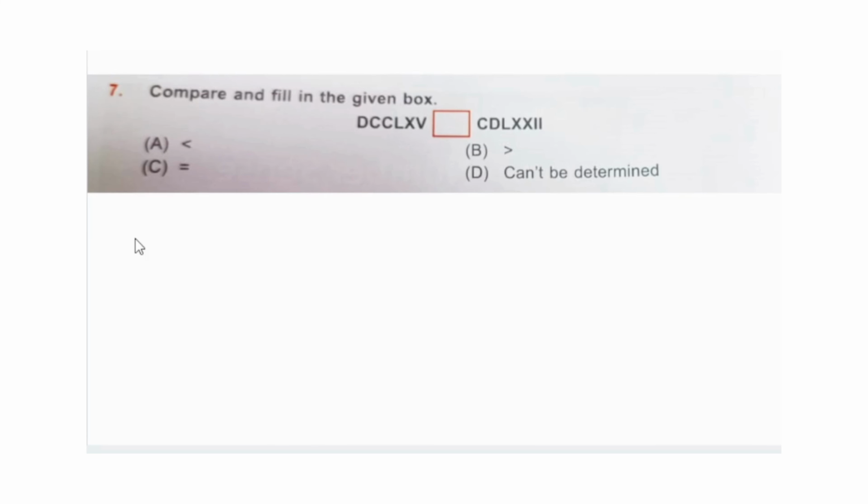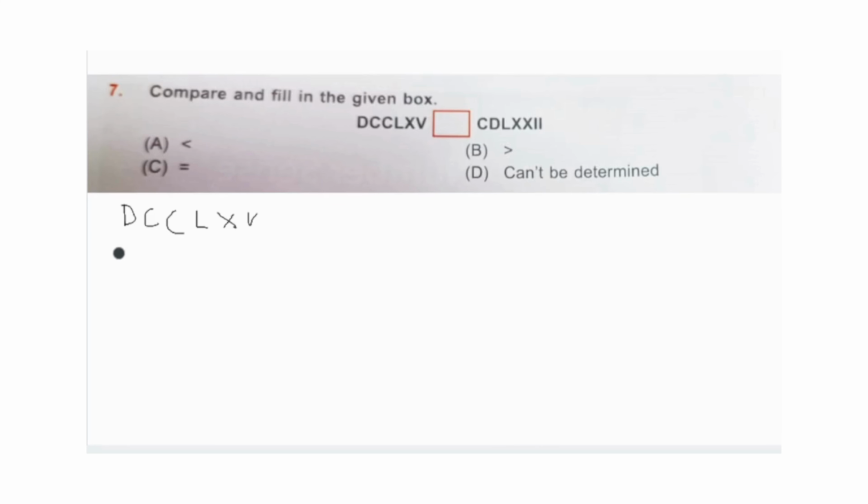The first Roman number that has been given is DCCLXV. What we can do is write the equivalent number of each Roman numeral and add them up to find the value of this Roman number.